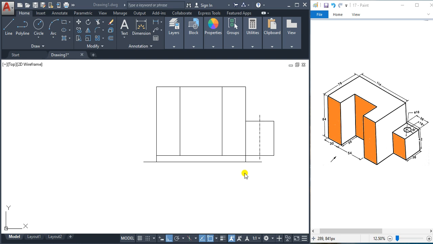And since the diameter is given 16, to represent that circle we will draw a line 8 units from the center line to the right and left. So from this point you have to measure 8.